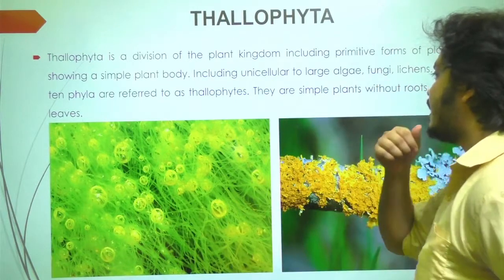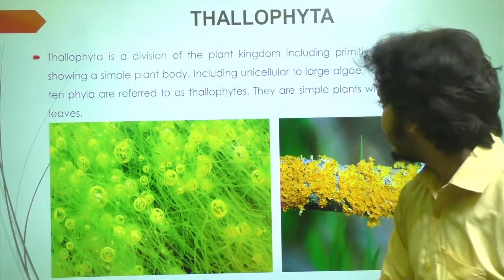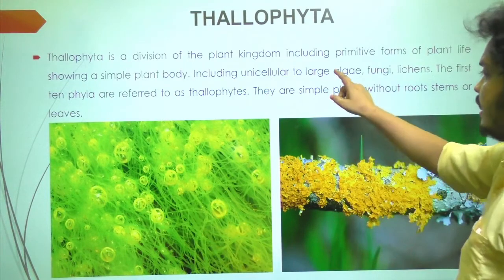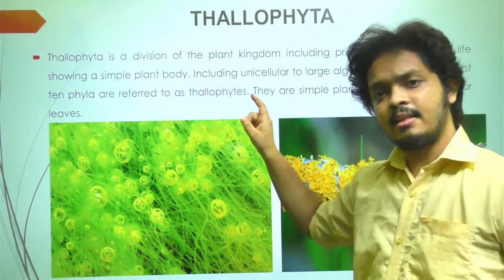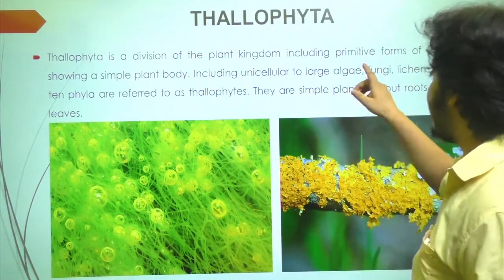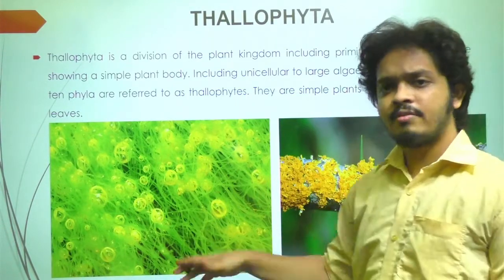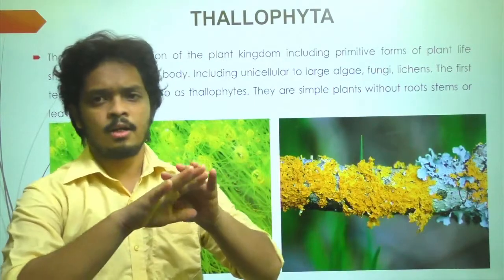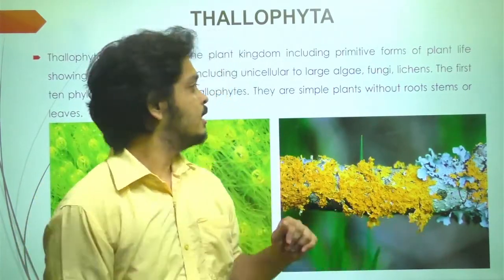Now, including unicellular to large algae, there are different types of algae. Now, we have algae, fungi, and lichens. If you consider all these forms, you will find out that there are no specific divisions. So what is lichen?